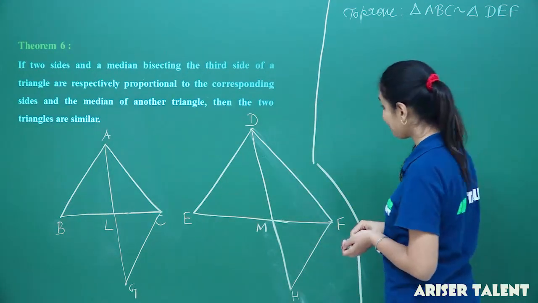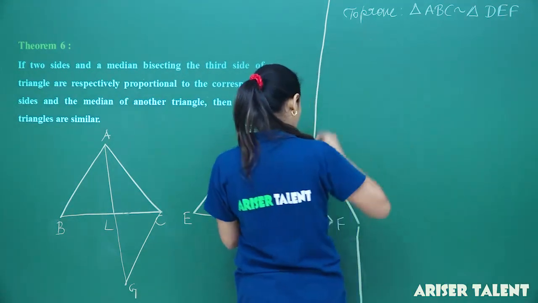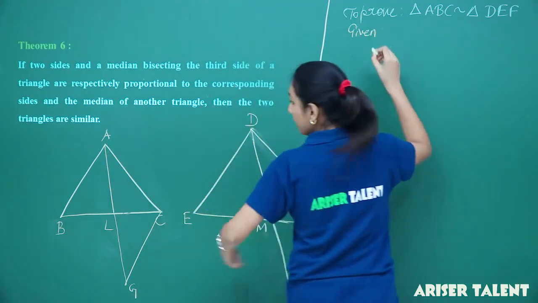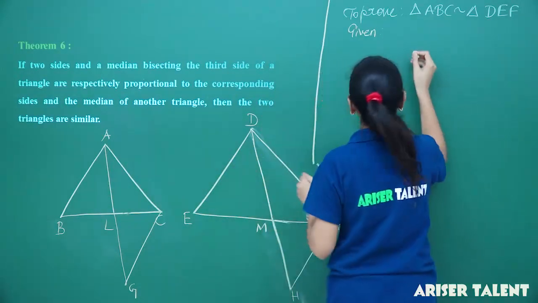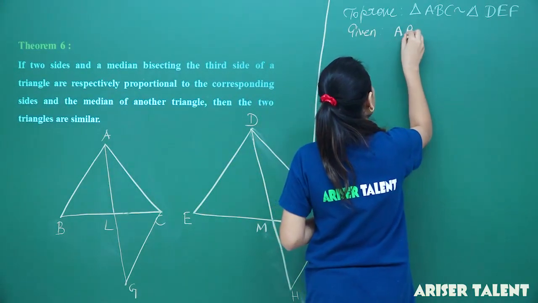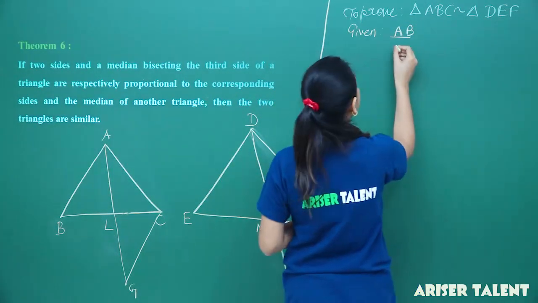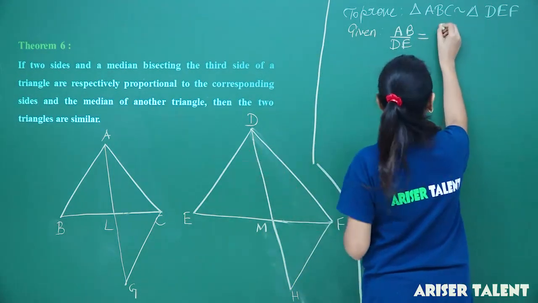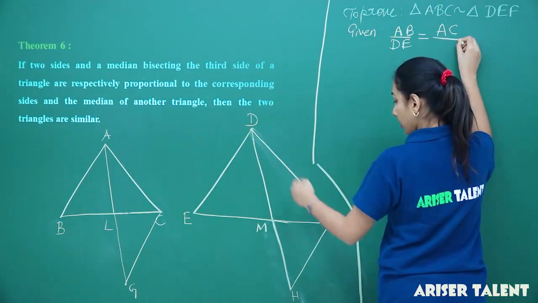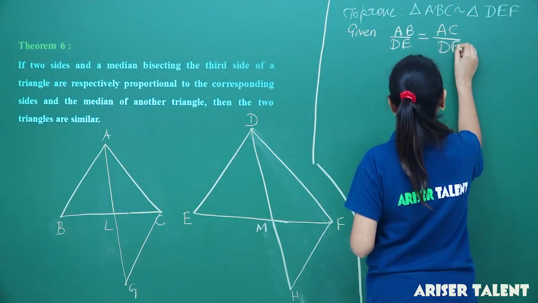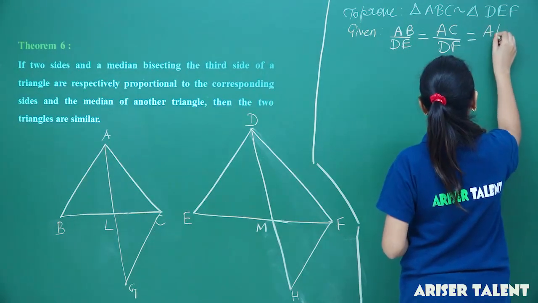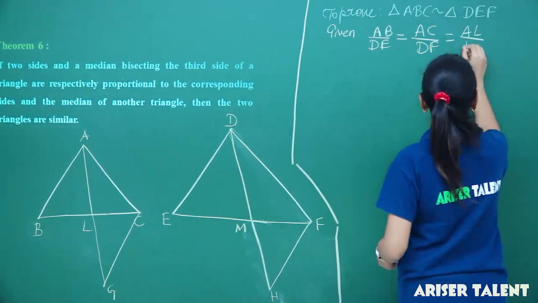Okay students, I am having given that the proportions of these two sides, that is AB by DE, will be equal to AC by DF and AL by DM.